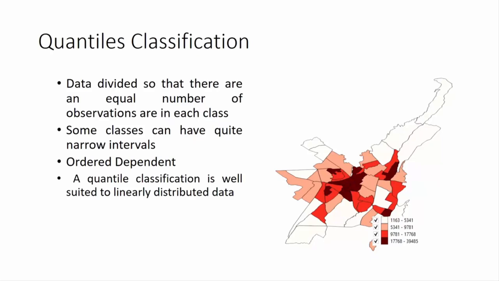For example, at the south side of the ward, you see that there is a brown color polygon just adjacent to a white color polygon. So that indicates that the highest population density is just nearby the lowest population density area.